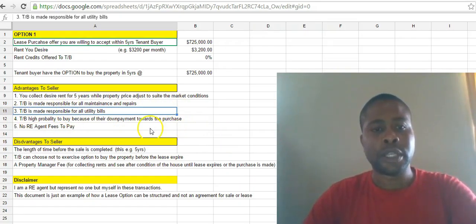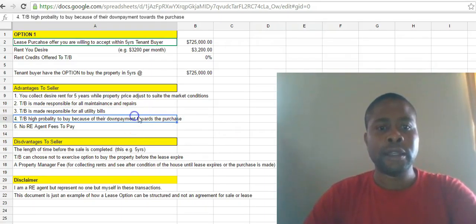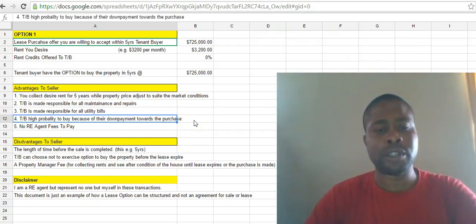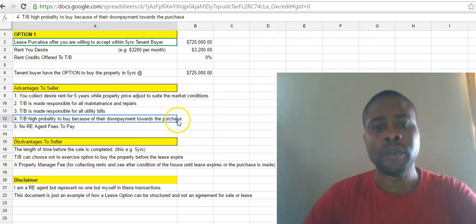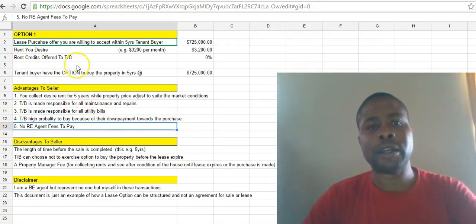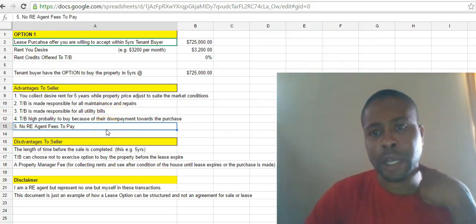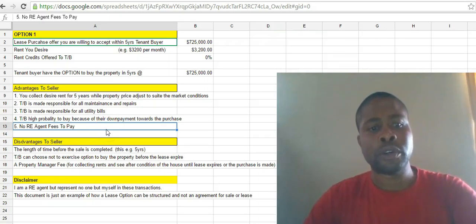Tenants would most likely be responsible for the utilities, and there's a high probability that tenants who put a large down payment towards the purchase of the property would go ahead and purchase that property. Also, as a seller doing a lease option, in most cases, there are no real estate agent fees to pay.